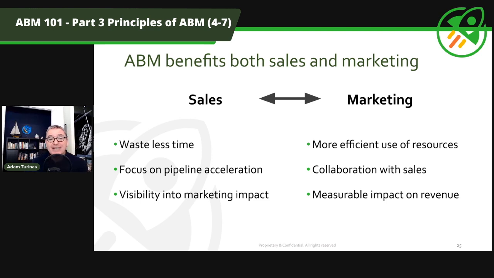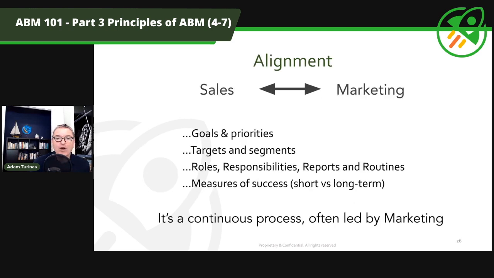They find that deals accelerate faster, and they notice a greater impact from marketing. From a marketing standpoint, the benefit of ABM is it's a much more efficient use of resources as long as you've got the target accounts right. You have a much better working relationship with sales, you can answer the age-old question about marketing ROI, and you have a much better handle on the measurable impact on revenue.